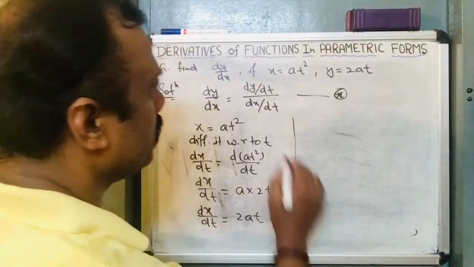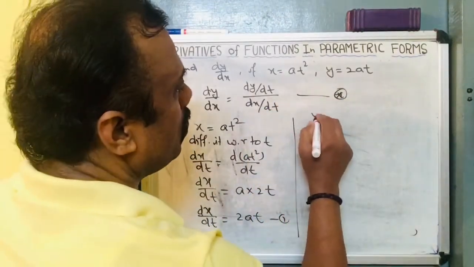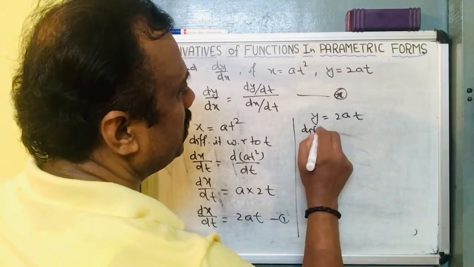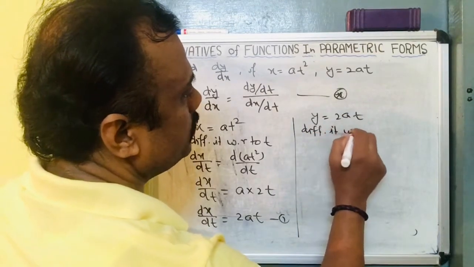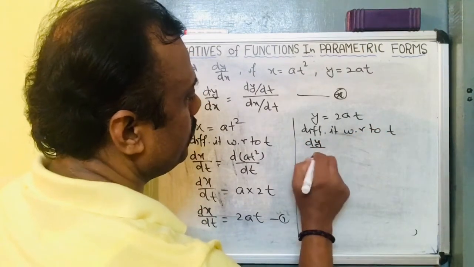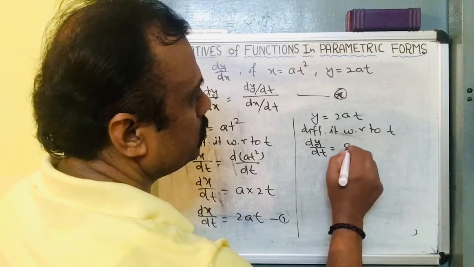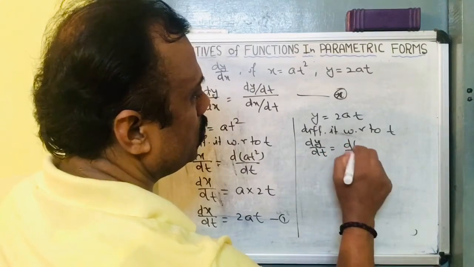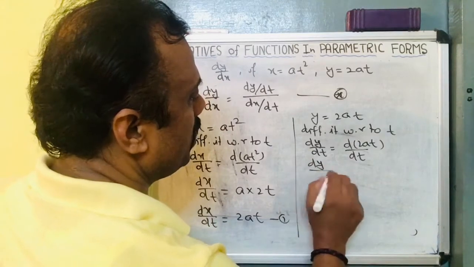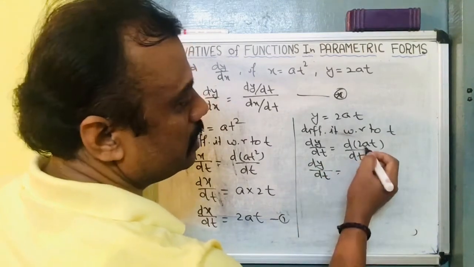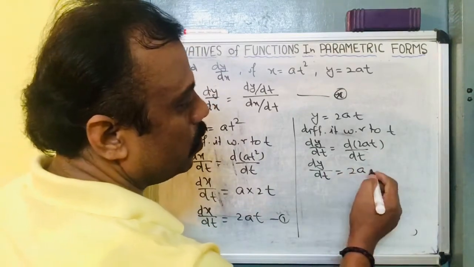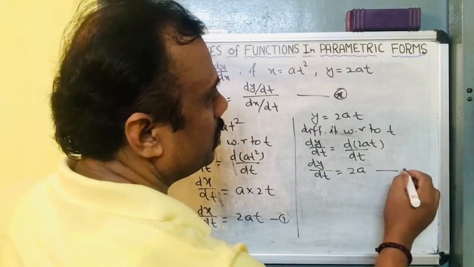Now for the second one, y is given as 2at, differentiating it with respect to t. So dy/dt equals d/dt of 2at. Here 2a is a constant and the derivative of t is 1, so it will be 2a. This is equation 2.